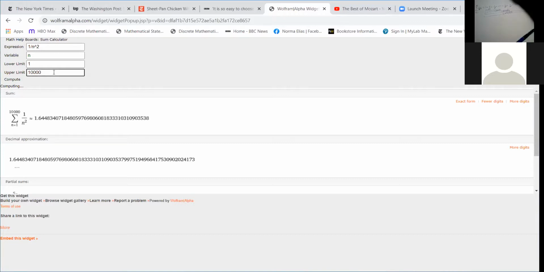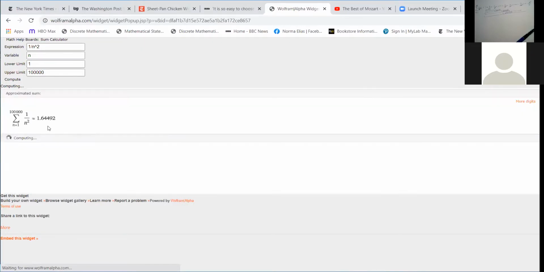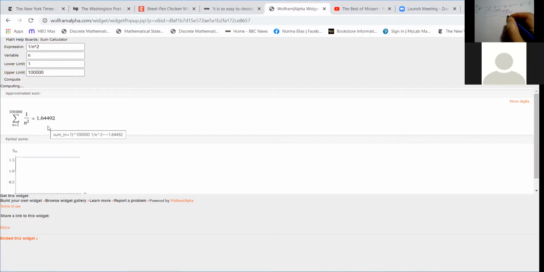This is very powerful. It can add the first 10,000 terms, and it's giving me 1.64493 92, and I keep going. This algebra system helped me add more and more.